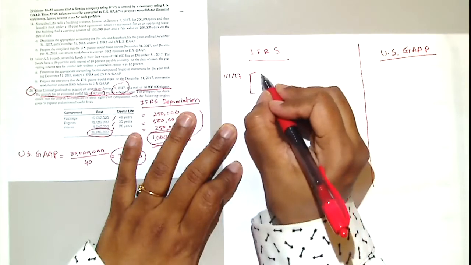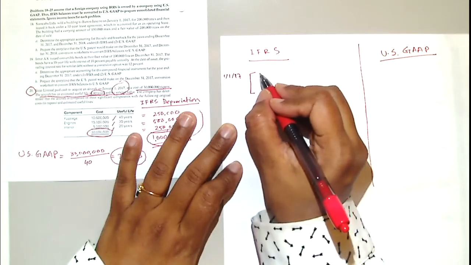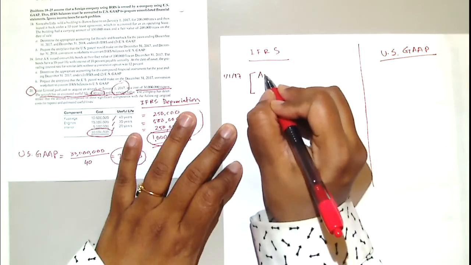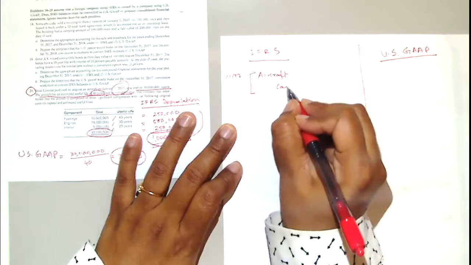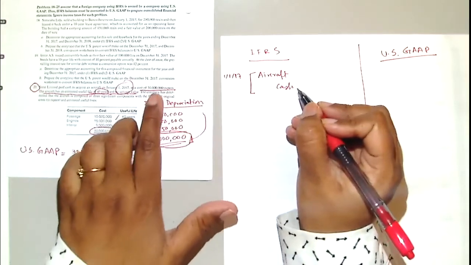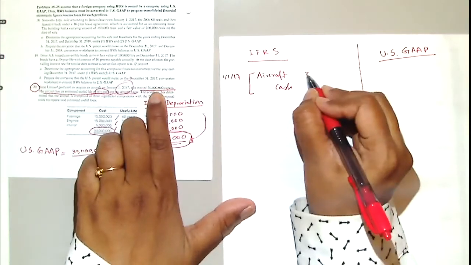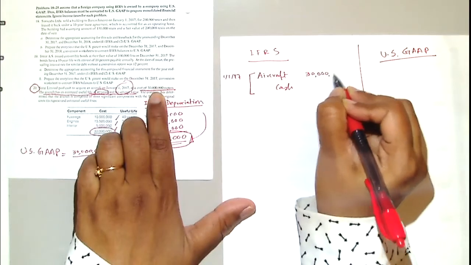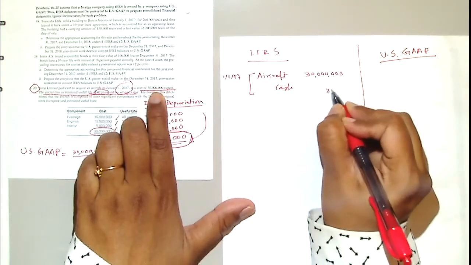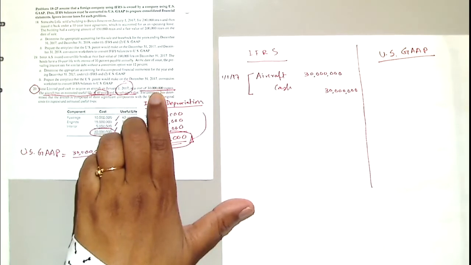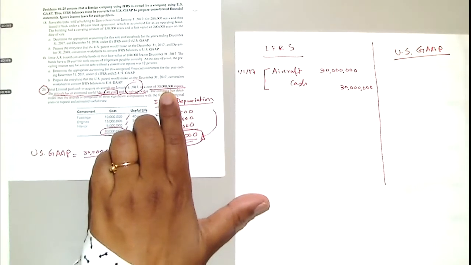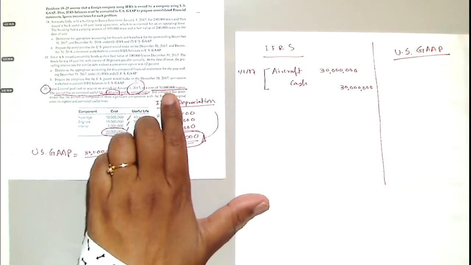Very simple, assume they paid cash. So you will write down aircraft debit, cash credit. How much did they pay? They paid a total of 30 million. These are all in rupees, so don't worry about the currency value. That's the first journal entry the company will prepare according to the IFRS standard.